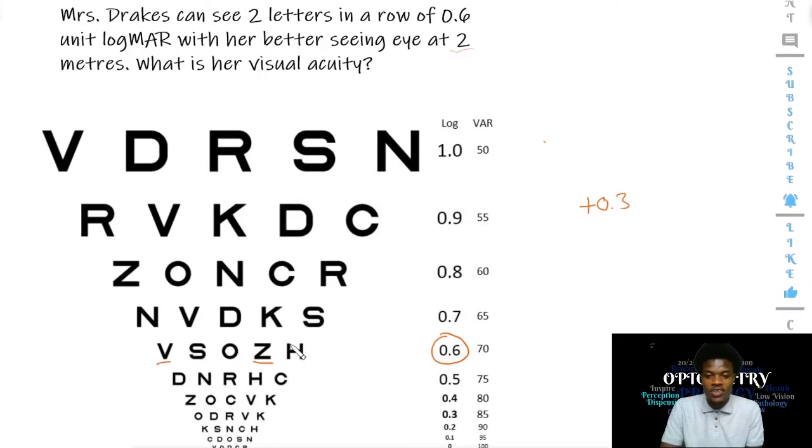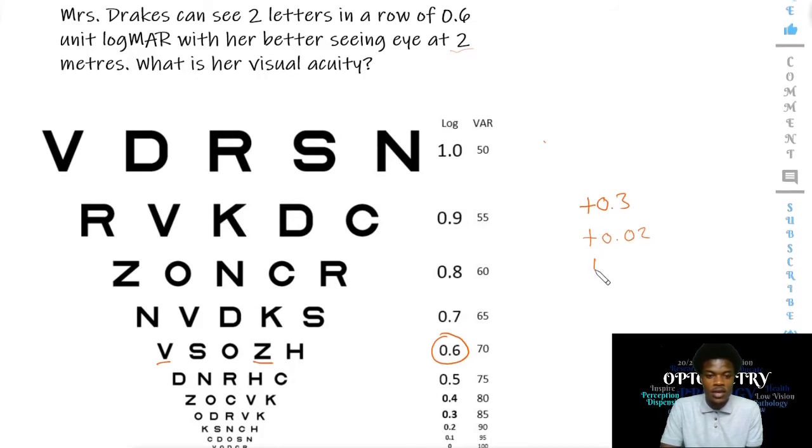Remember, once she has reached this line, we know that she read this line, she read this line, she read this line, she read this line. She's now having problem with this 5th line here. So as I said before, because she missed 1, 2, 3 letters, we need to add 0.02 3 times.